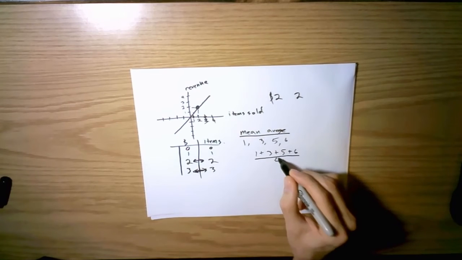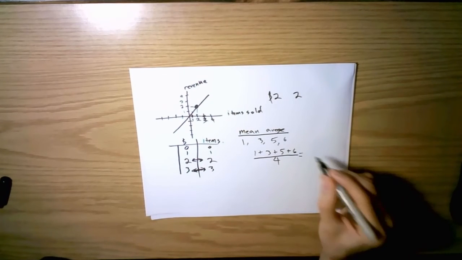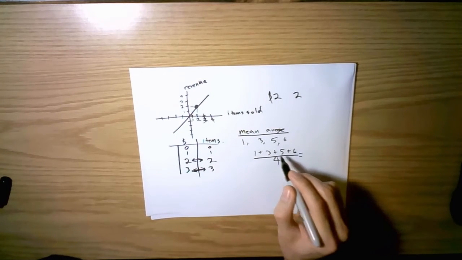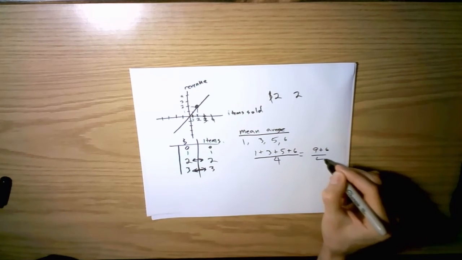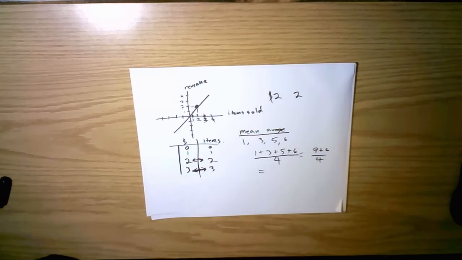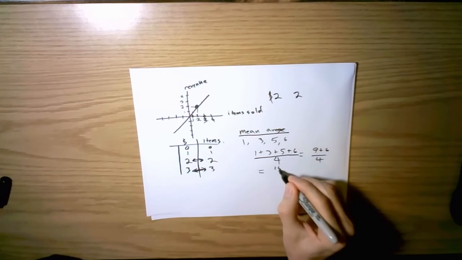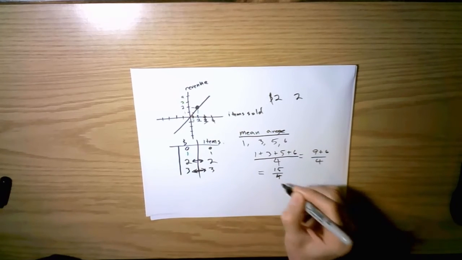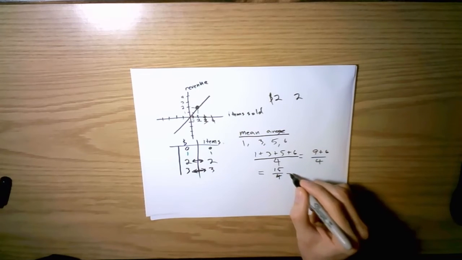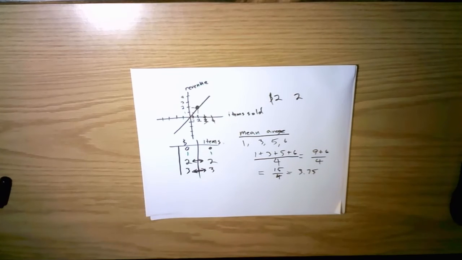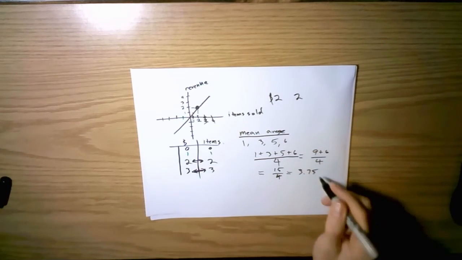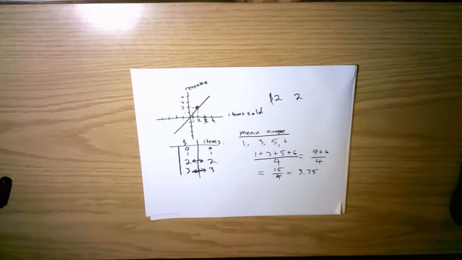There's 4 numbers, so we divide by 4. So 1 plus 3 is 4, plus 5 is 9. So 9 plus 6 over 4. So that's going to equal 9 plus 6 is 15 over 4. And that's going to be like 3.75 or something like that. So this is our mean right there.